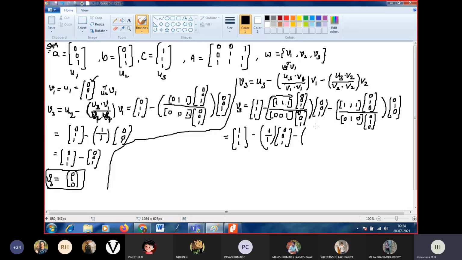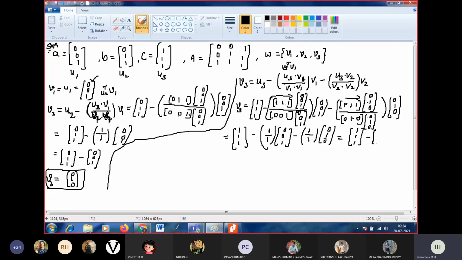Next minus. Come to here. First row, first column: 1 into 0, 1 into 1, 1 into 0, so we got 1. Divide by 0, 1, 1, 0, 0, divide by 1, into 0, 1, 0. Which is equal to, now simplify. First one is 1, 1, 1.